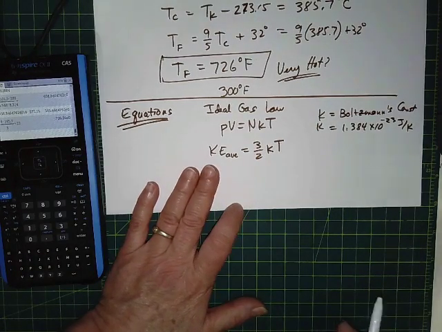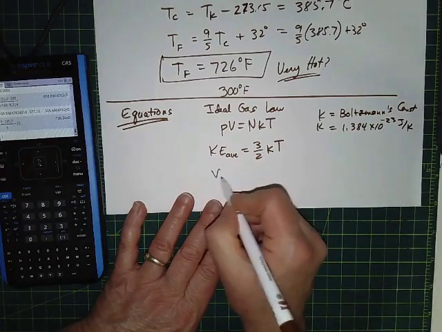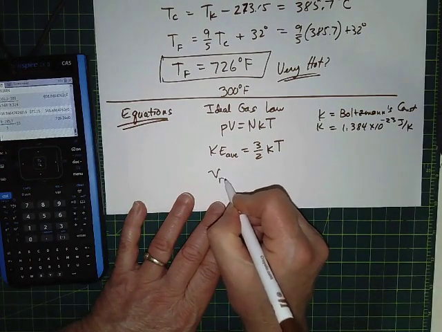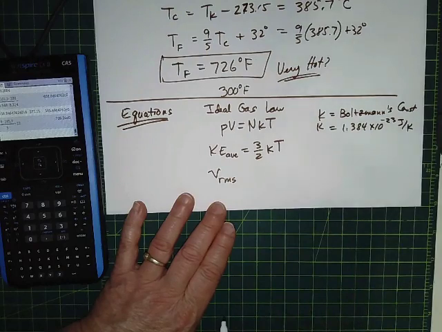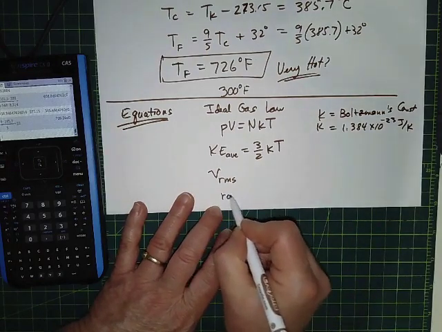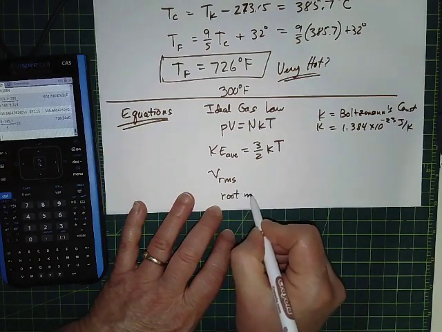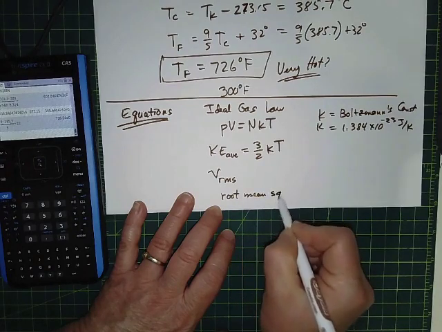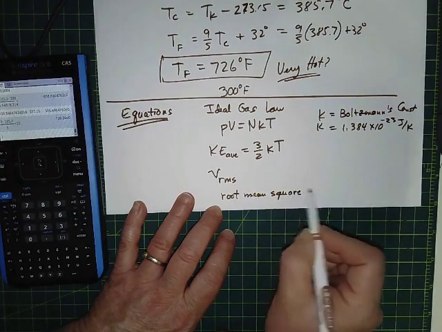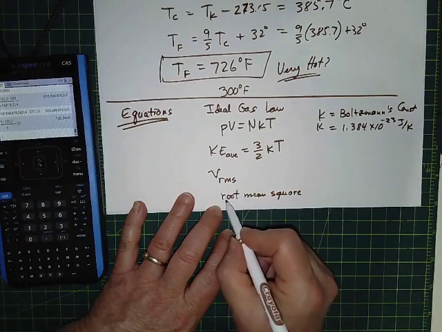Similar argument for velocity. We're going to do what's called the RMS velocity. RMS means square root of the mean of the square. So we're going to take the velocity squared, take its average, and then take the square root of that.